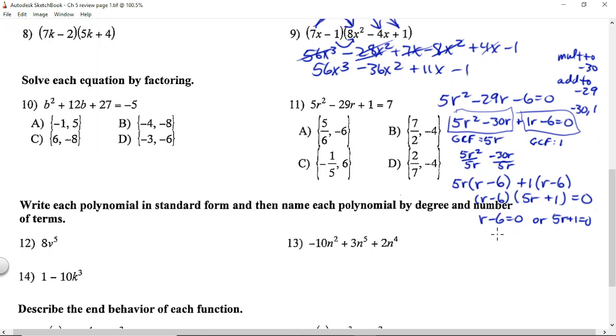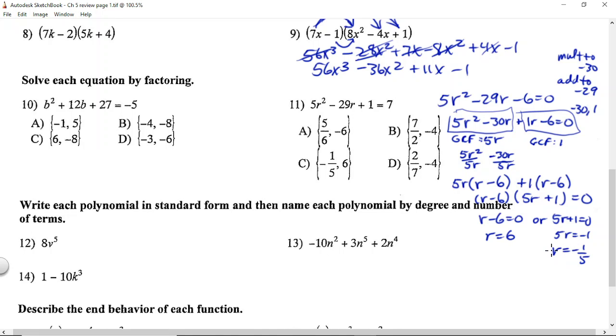Okay, so we add, in this one on the left, we add 6 to both sides, r equals 6. The one on the right takes a little more work, right? So we've got to subtract 1 from both sides. That gives us 5r equals negative 1. Then divide both sides by 5. r equals negative 1/5.